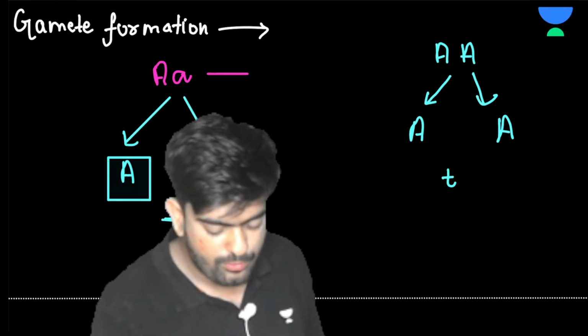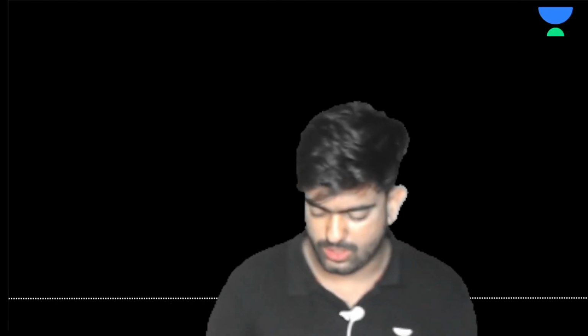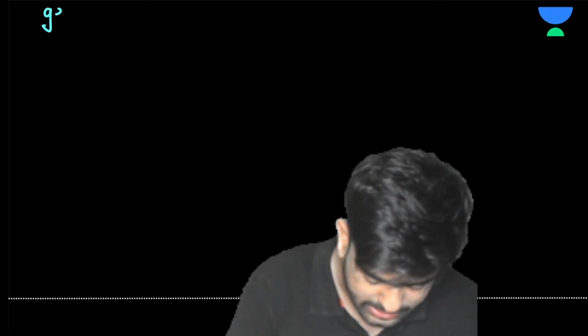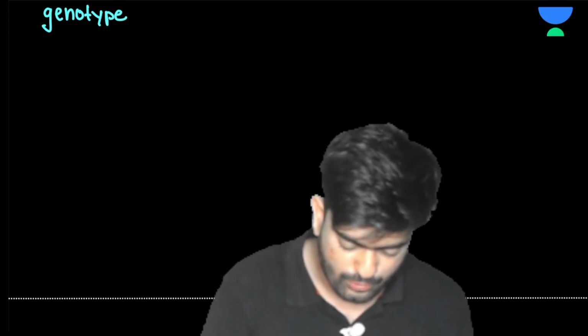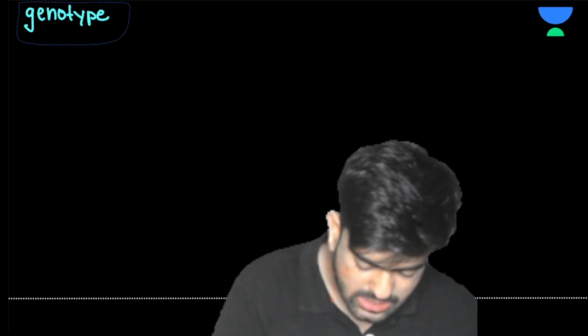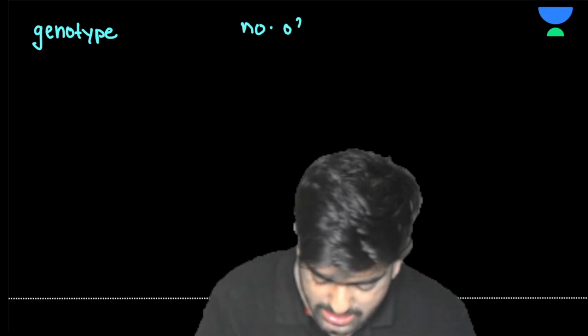Now, let us move on and let's make a very good table. So I'm going to give you some genotypes. Let's write here genotype. And then we are going to discuss the number of heterozygous pairs. Whenever you are asked about the gamete formation through the fork line method, you need to figure out how many heterozygous pairs you have.